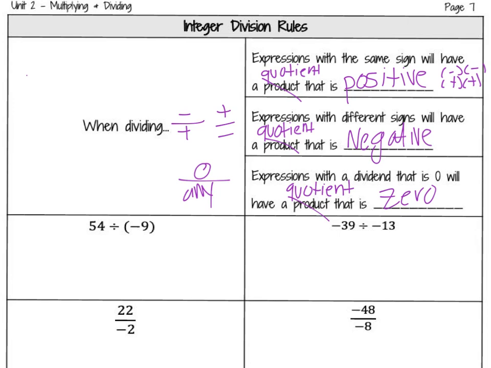Okay? So if they're the same sign, it's positive. If they're different signs, it's negative, which is the same as our multiplication rules, which is so nice, right? Like we had to remember different rules for adding and subtracting, but now multiplying and dividing, same set. Bam.